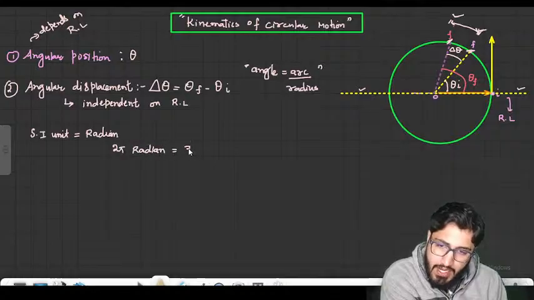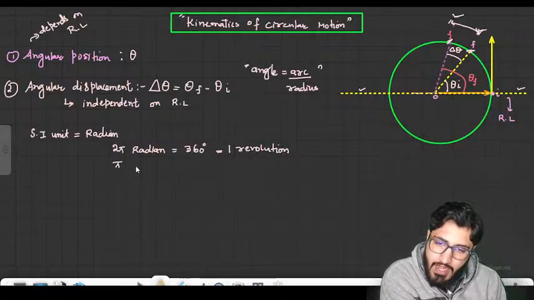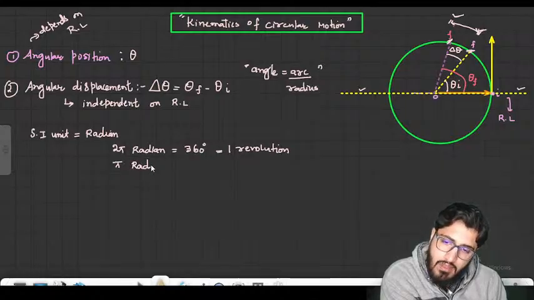I guess 2 pi radian is 360 degree, and which will give you one complete revolution. Or if you write pi radian, it means 180 degree. That means 1 by 2 revolution.